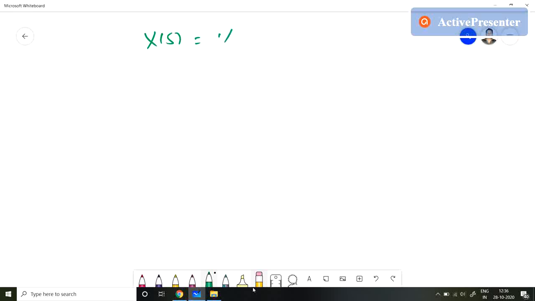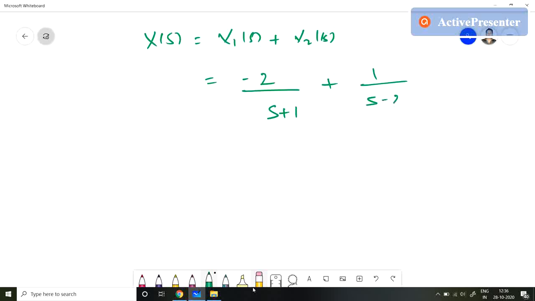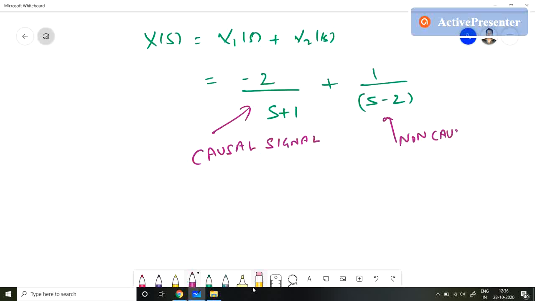So X(s), that is X1(s) plus X2(s), is equal to minus 2 divided by s plus 1, plus 1 divided by s minus 2. Now let us discuss this case. Consider this as a causal signal and consider this as a non-causal signal.